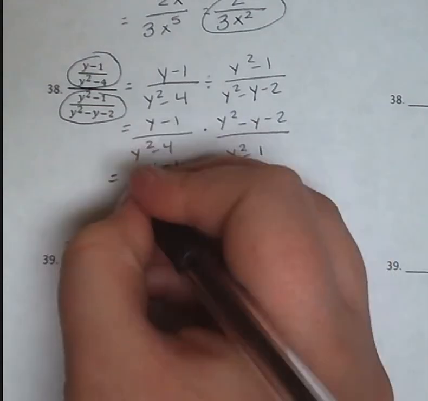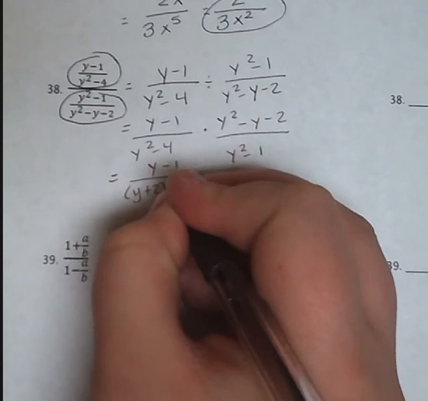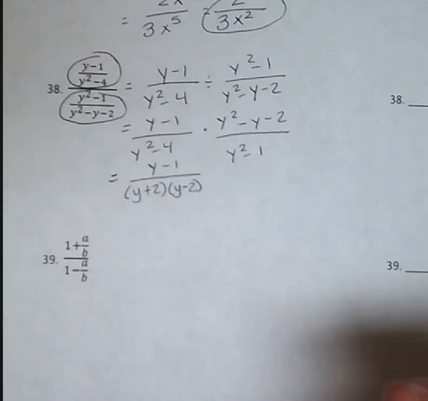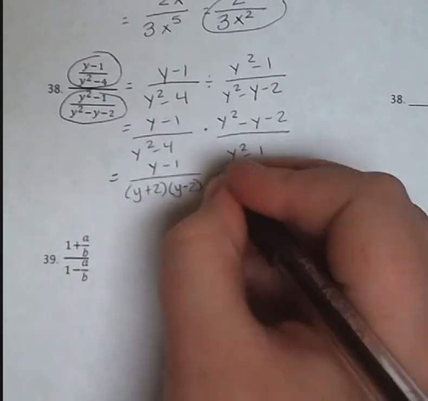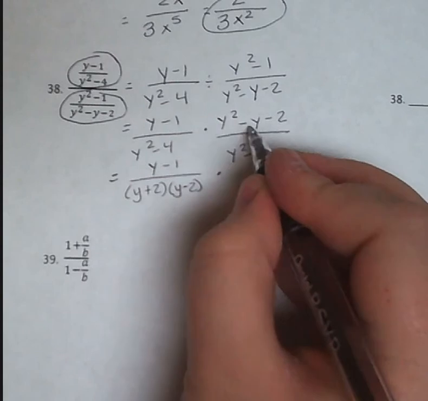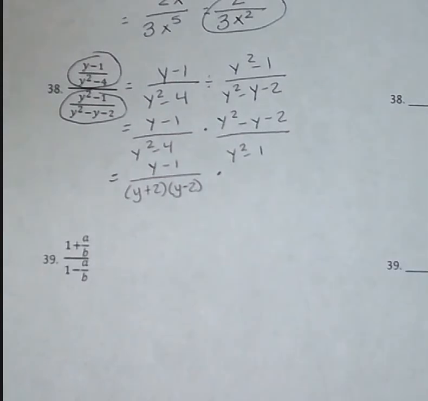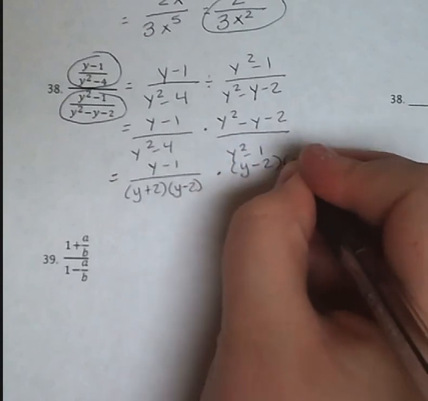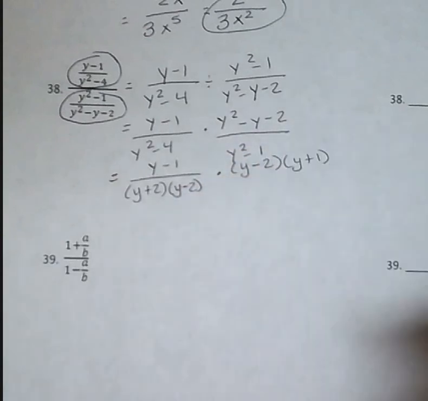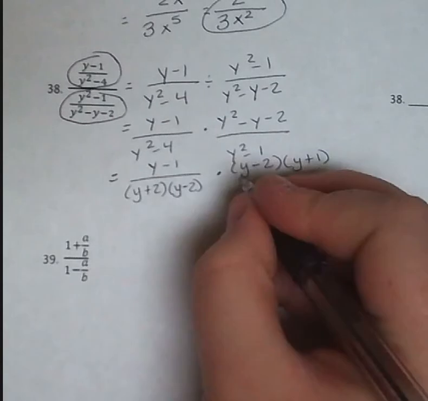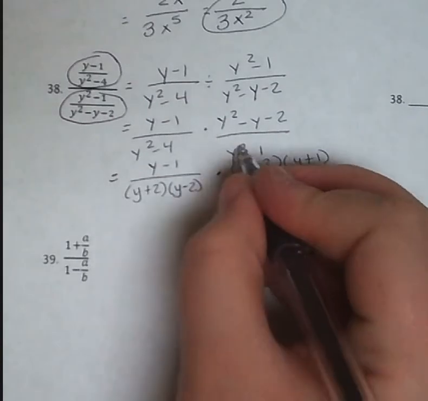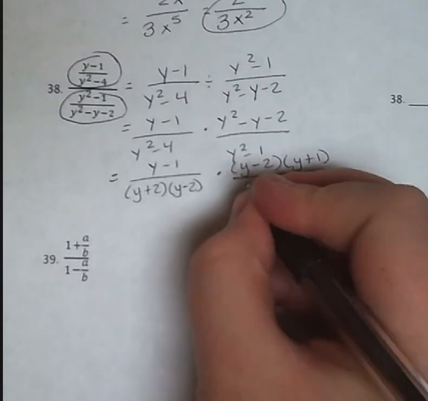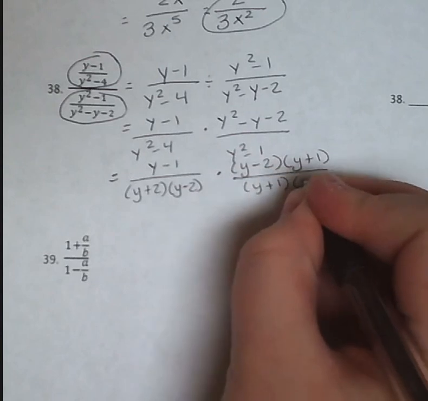It gives us a y plus 2, y minus 2. y squared minus y minus 2 factors to give you a y minus 2, y plus 1, and then y squared minus 1 factors to give you a y plus 1, a y minus 1.